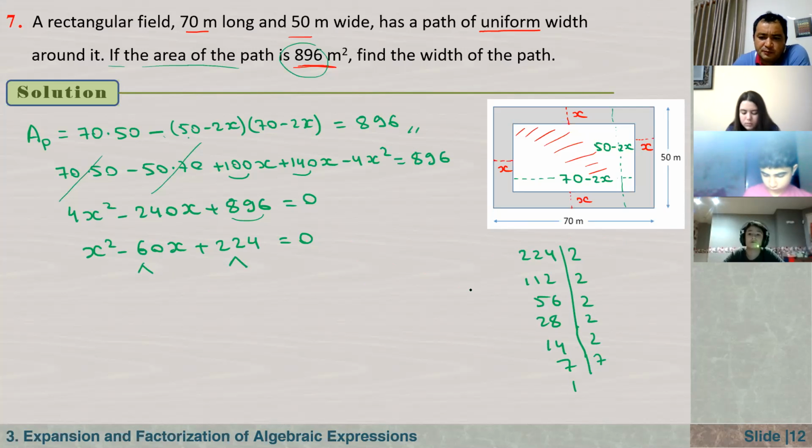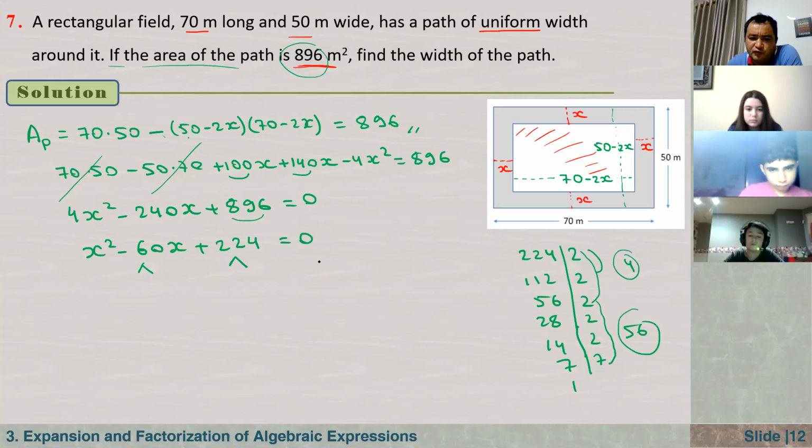Now from here, as you see, both numbers must be negative, right? Because here it is positive, so when we multiply two negative numbers together, it will be positive. What are these numbers? How about 2 times 2 times 2, that is 8, and 4 times 7, 28. It doesn't work. And how about 2 times 2 times 2 and 7, that is 56, and that thing is 4. 4 times 56, that is 224, right?